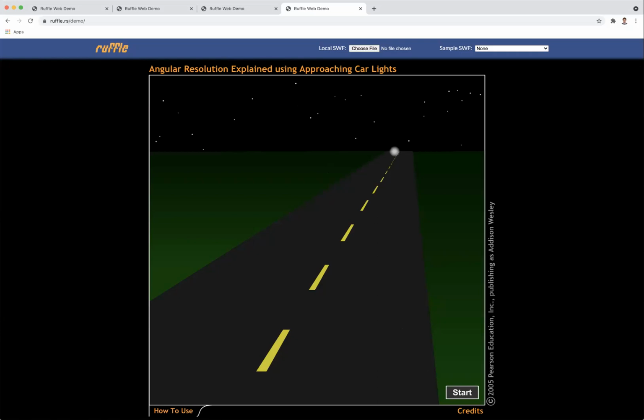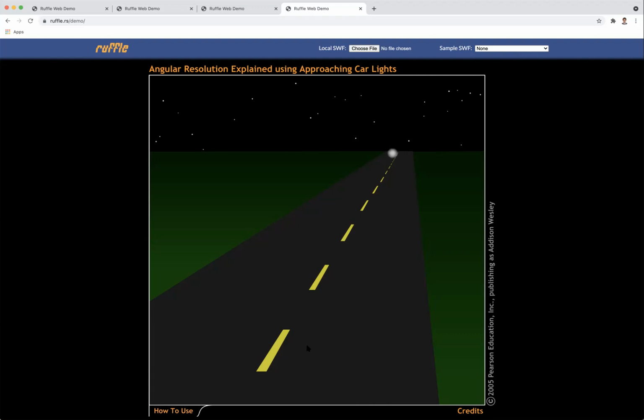I always give this example to my students: let's say you're standing on top of the Arch and you're holding two candles, one in your left hand, the other in your right hand. Someone is standing in Washington, D.C. and looking at the Arch, and there's nothing else in the universe. They cannot resolve, and don't have enough resolution, to say whether these are one source of light or two sources of light.